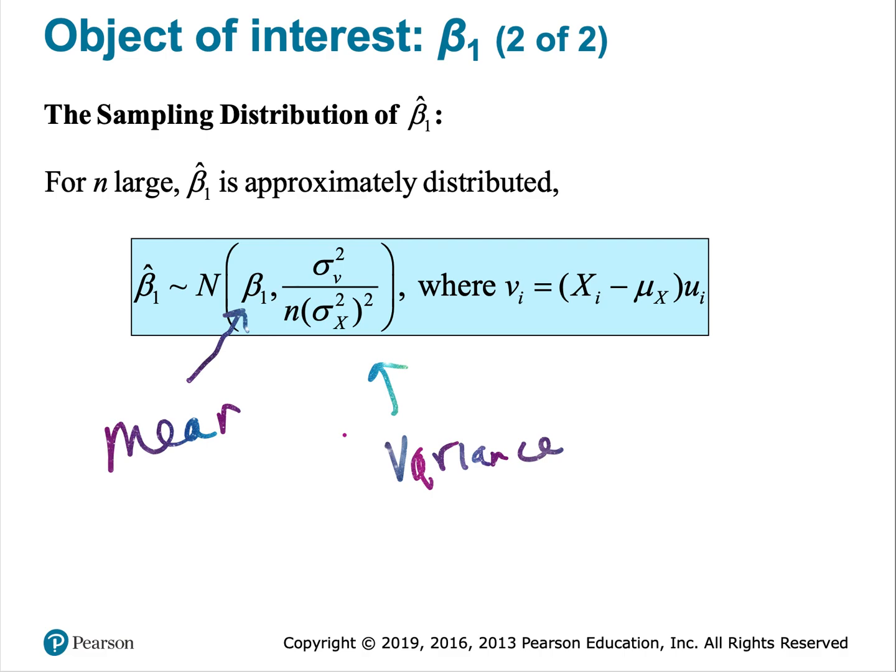We know the variance of x. Okay, so we could calculate this by hand if we were very eager. However, we have Stata to help us carry this out. Alright, so this construct is going to help us carry forward the hypothesis testing and confidence intervals.